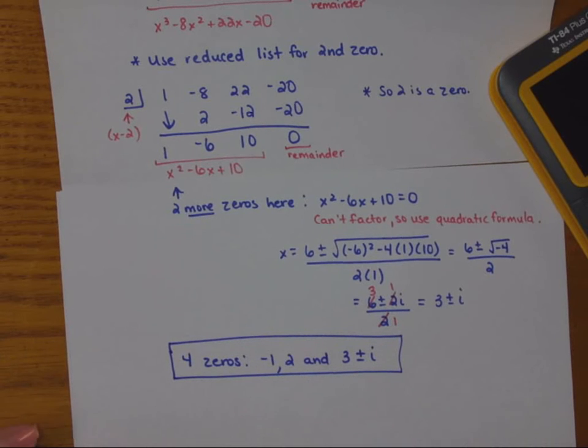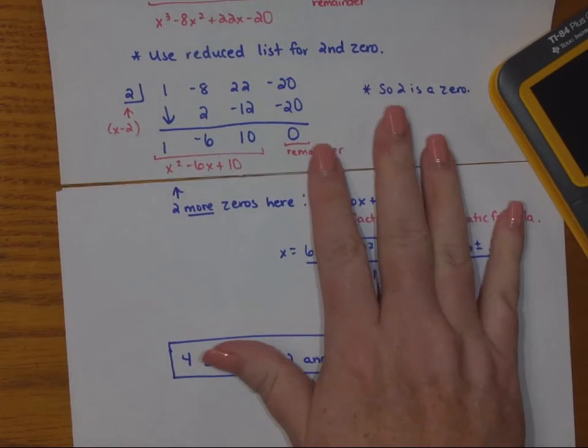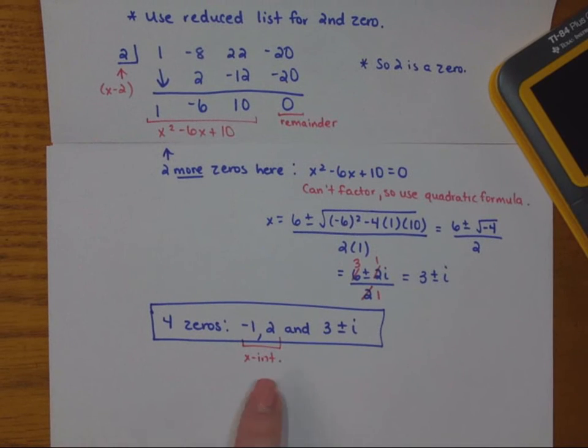Okay, notice these are x-intercepts and these are not, right? Because they're imaginary, so they don't show up on the graph. Okay, so that's why if you look back at that graph, we actually only had it crossing twice. And then as far as the factored form goes, you go back up to the top and notice my first parentheses I got to work was x plus 1.